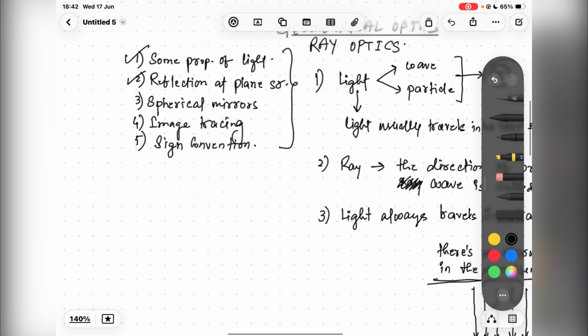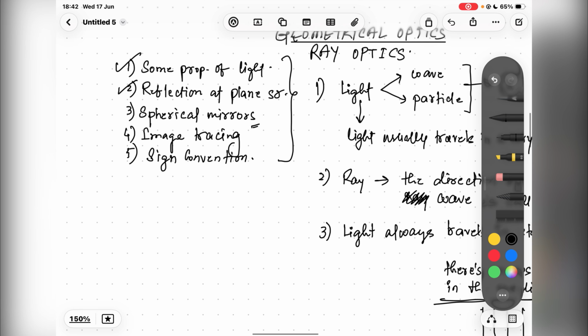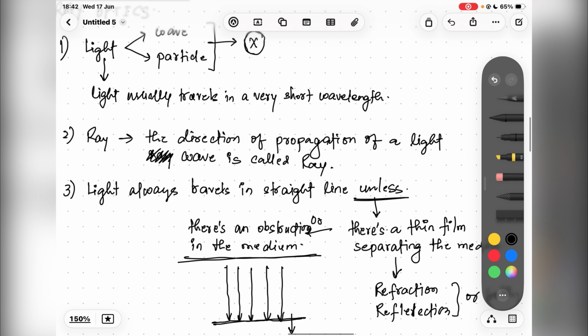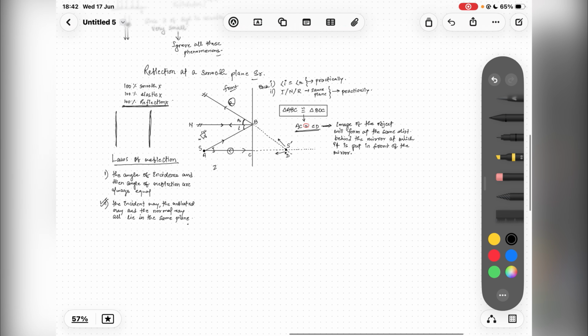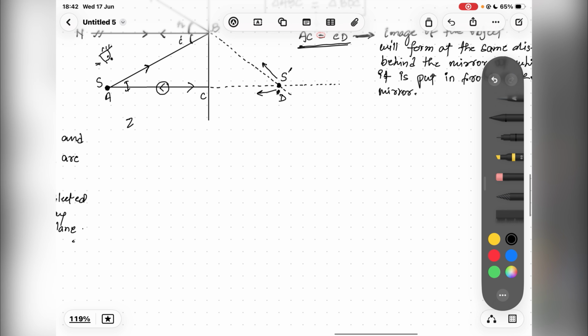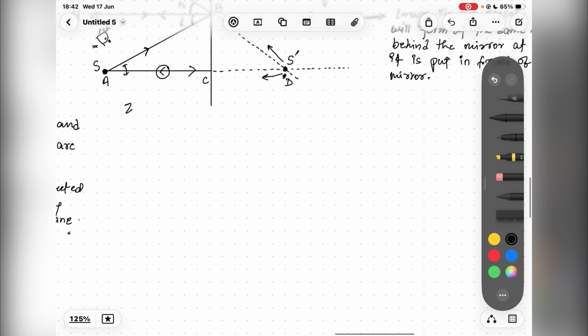Now we will go for spherical mirrors. Also, one more thing I would like to add before we move to spherical surfaces. What if someone asks you, what about a spherical polished ball? What would happen if a light ray is incident at this point?